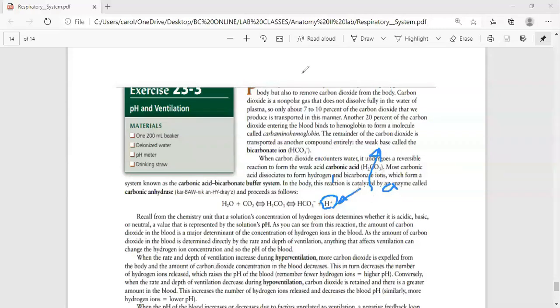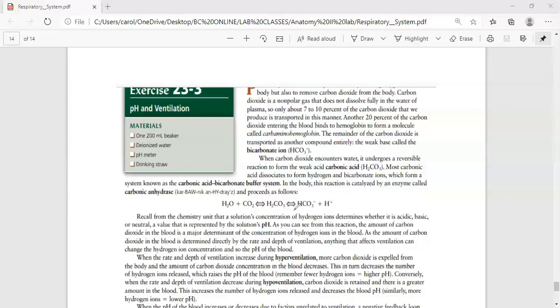Let's say that your blood is becoming acidic. Then, fairly easy to understand, if you block this hydrogen in here, if you get rid of that hydrogen right there, then you can definitely reduce the acidity, therefore bringing the pH to normal levels. And that is exactly what your lungs are going to do.